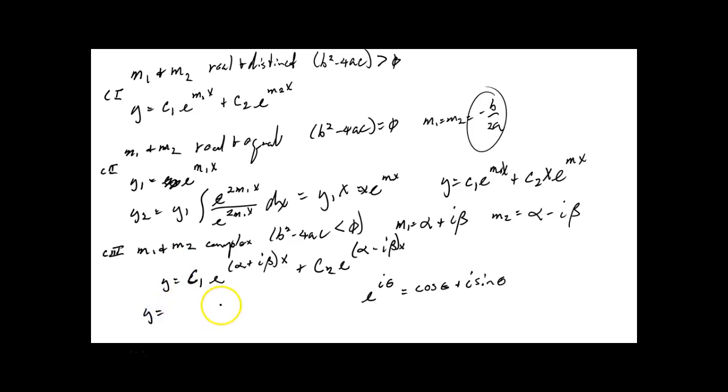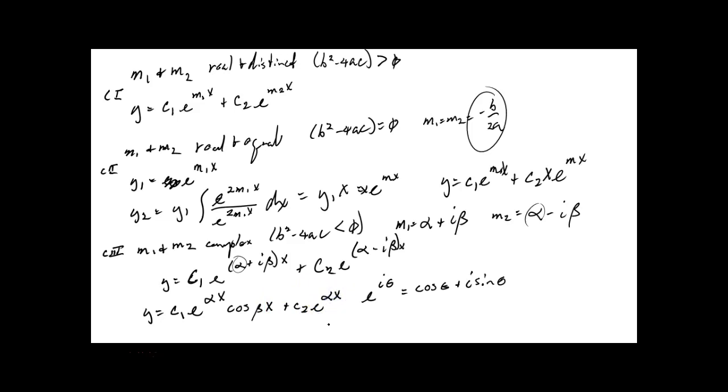y is equal to y1, c1 e to the alpha x, where alpha is the real part here, okay, times cosine of beta x, okay, plus c2 e to the alpha x.